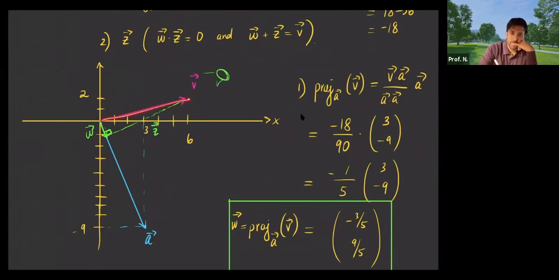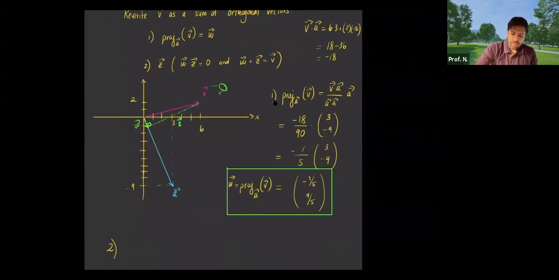I know V, I know W. The projection of V along A is W. Now, how would I find this vector Z? Anybody have any ideas?